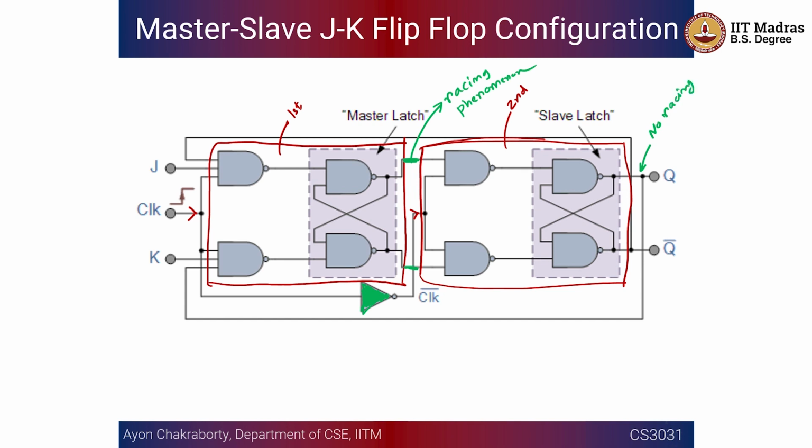okay, because individually although they are level triggered, right? Because the first one, as you can see, this is a level triggering. Here also we are having a level triggering. Okay, this is with a clock and this is with a clock bar.